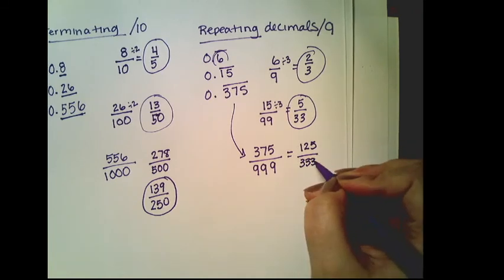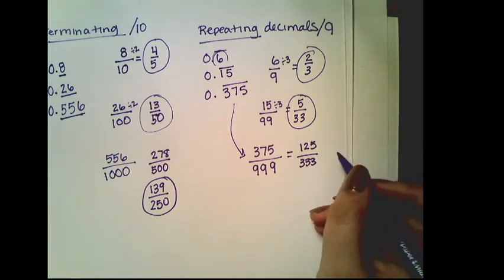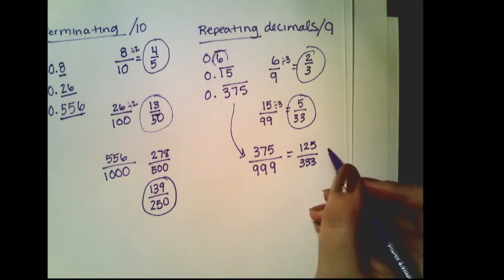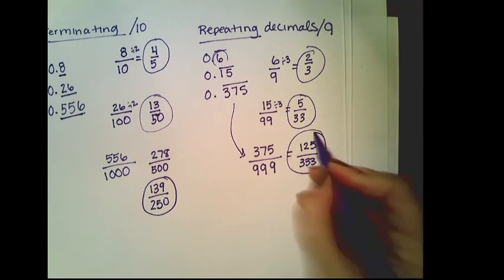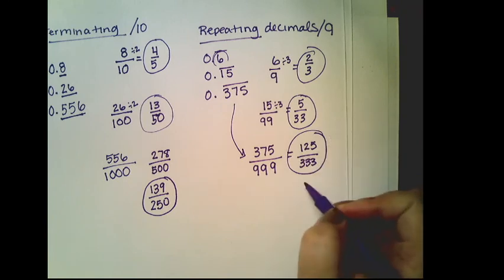I also know 125 is divisible by 3. We're going to get... No, that's 175. I think that's as far as we can go. Let me double check on my calculator. Yep. So 0.375 is 125 out of 333.